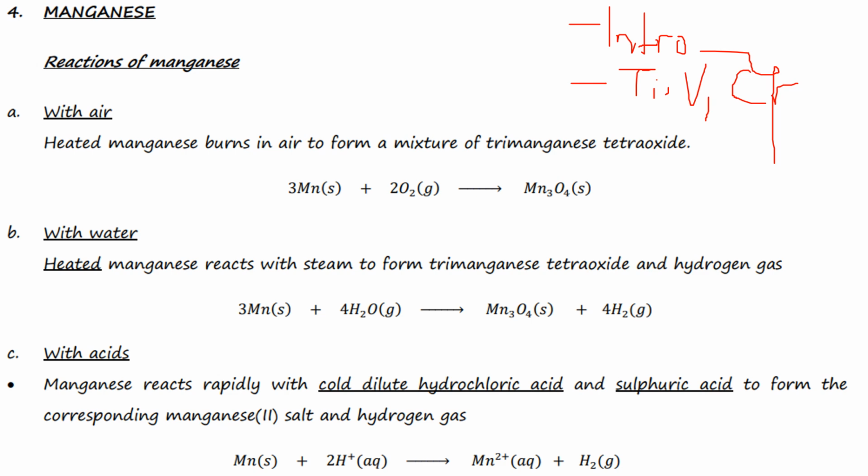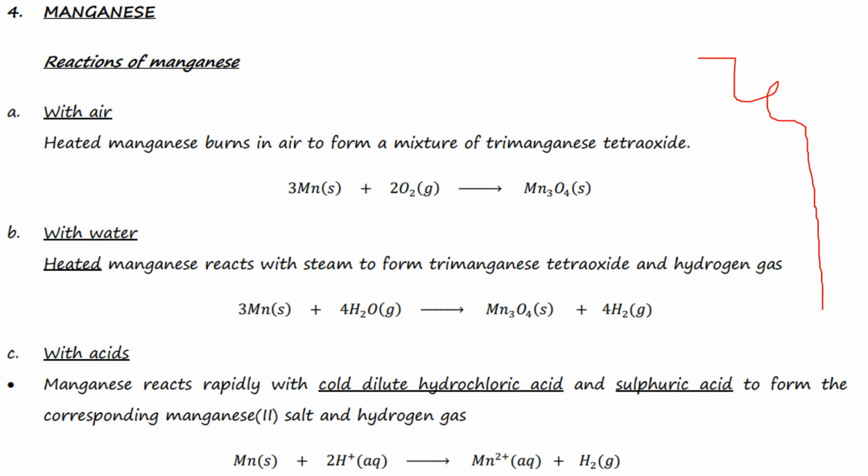So in this video, we are going to be exclusively looking at one element, which is manganese, as part of the transition elements. So we are going to be looking at all the reactions and all the chemistry that is under manganese together with its compounds. So we're going to start with the reactions that manganese gets involved in.